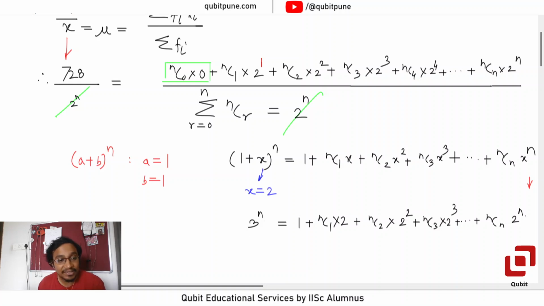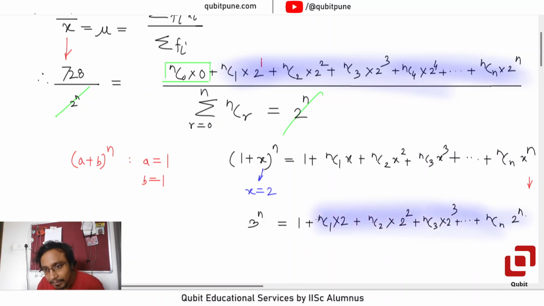Okay, तो इसका मतलब क्या हो गया? ये जो सीरीज है, this series here, this exactly matches with not the whole of this but only this part, which then boils down to the following: 3 raised to n minus 1 must be 728. Therefore 3 raised to n must be 729.